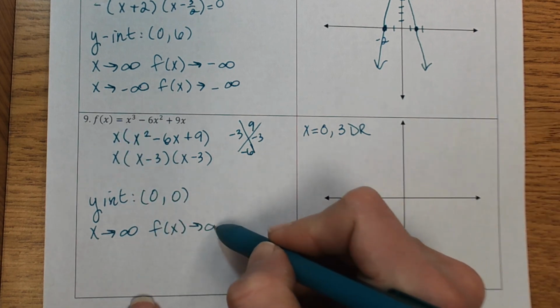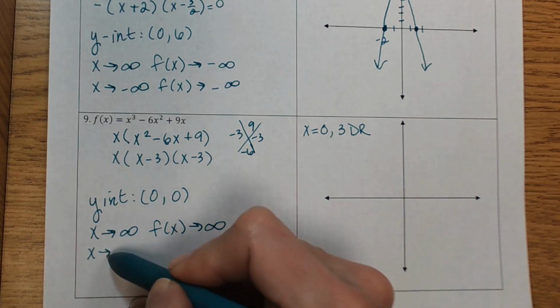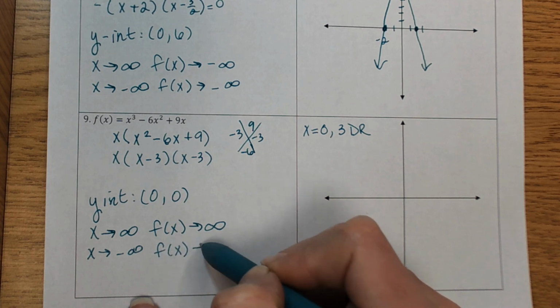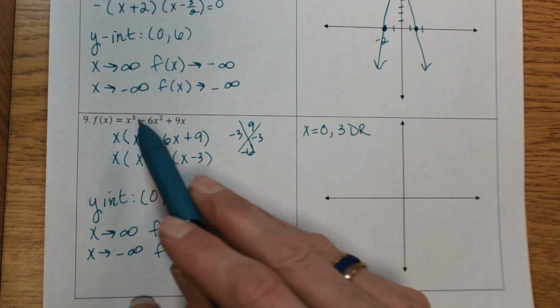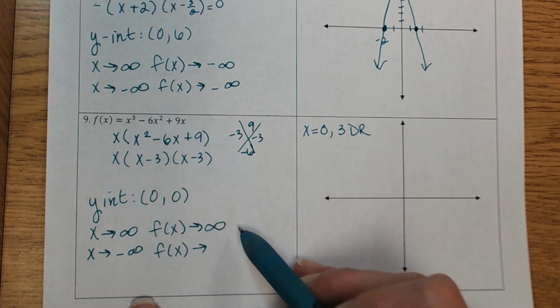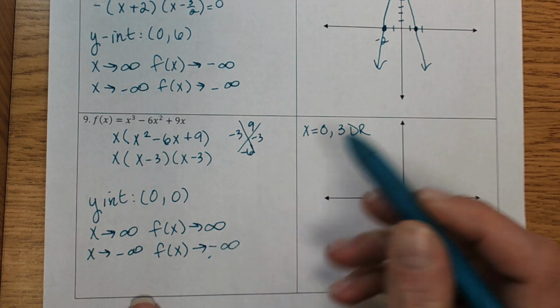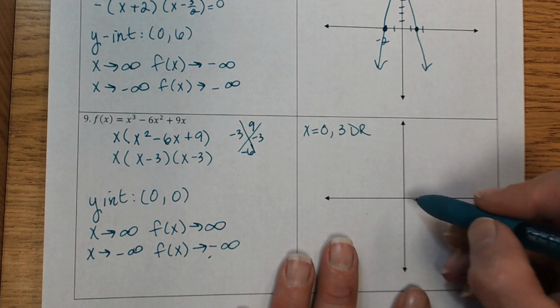So I'm going to be starting at positive infinity. And then as x approaches negative infinity, I want to think about, is it odd or even? Should we be going the same way? Well, this one is odd. So if I am going to positive infinity on the right, then I'm going to negative infinity on the left.